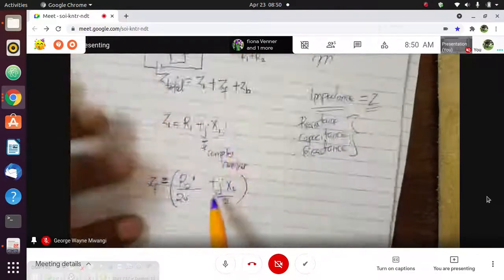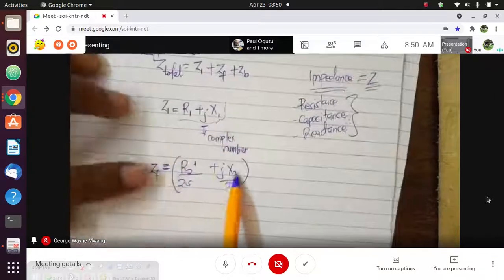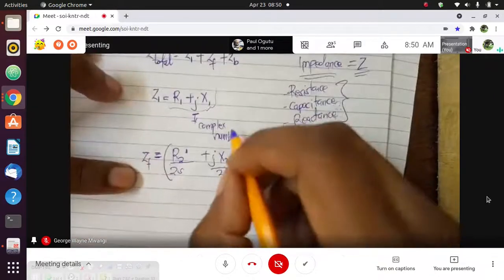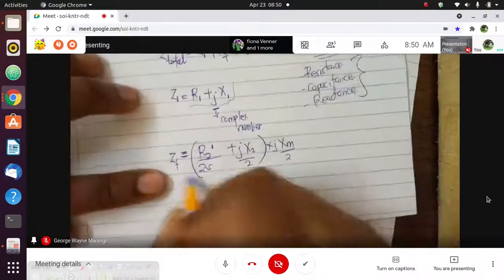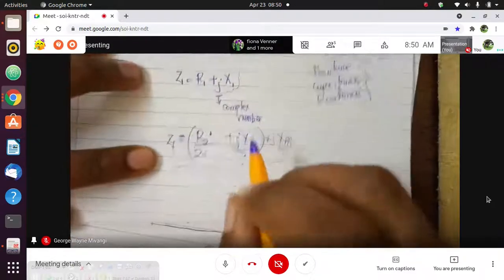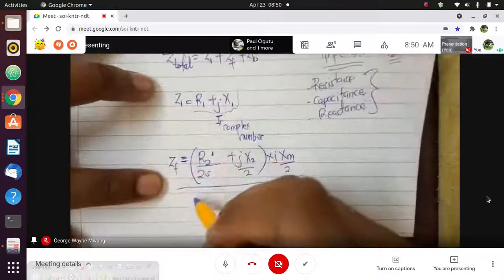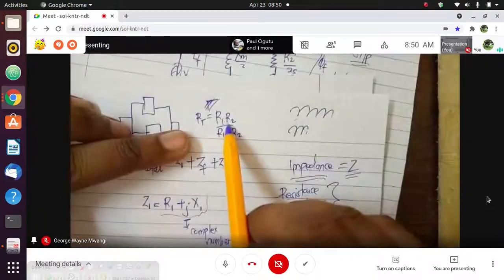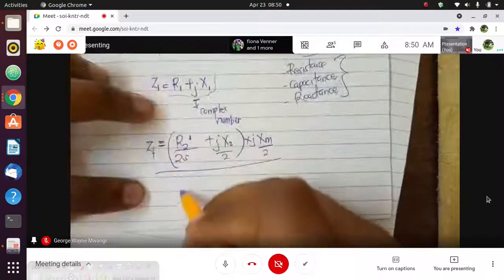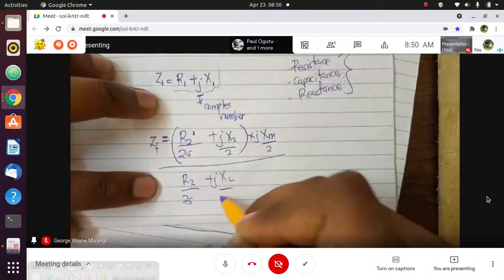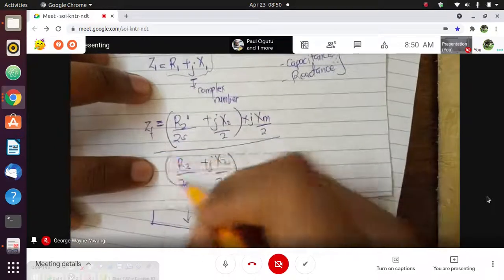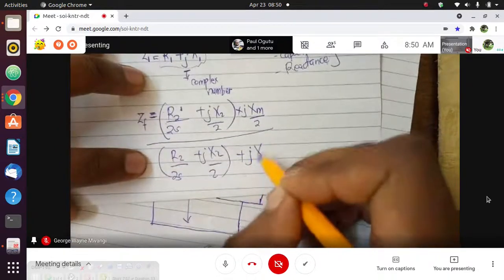Now we'll take the resistance in series and we compute it as one. We multiply by the resistance in parallel, the magnetizing reactance, over the sum. It's product over sum. Now the sum is R2 over 2s plus j X2 over 2 plus j Xm over 2.